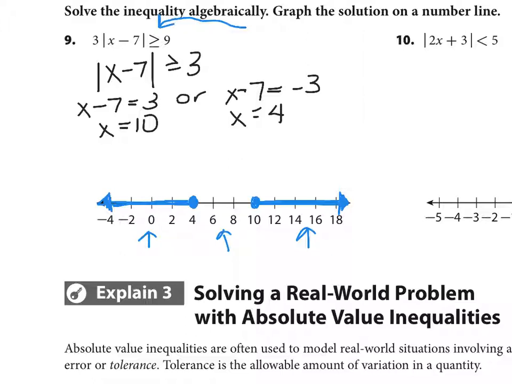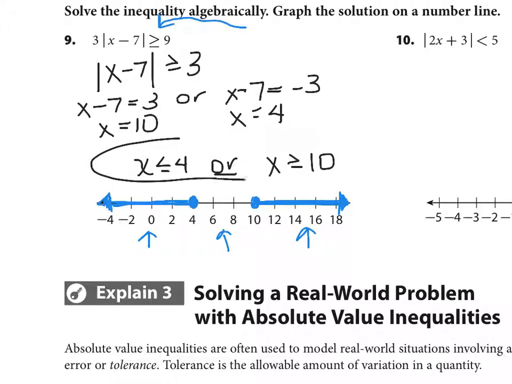Now we need to write the solution algebraically as an inequality. So as you learned in Algebra 1, this is a compound inequality, and we're going to say x is less than or equal to 4, or, and we do need to put that word or, x is greater than or equal to 10. And that is our solution set.